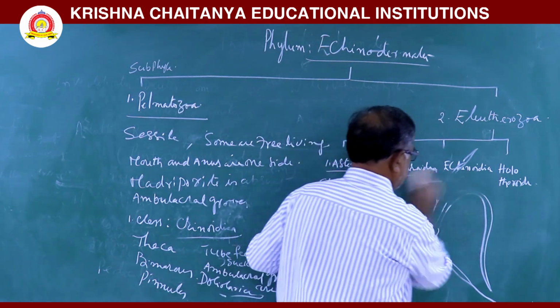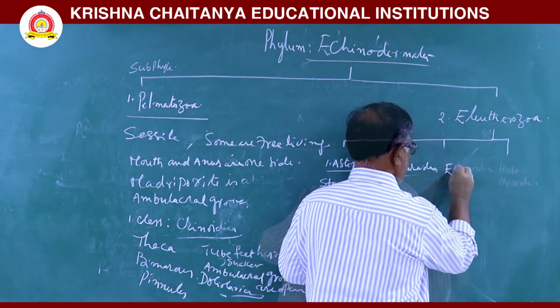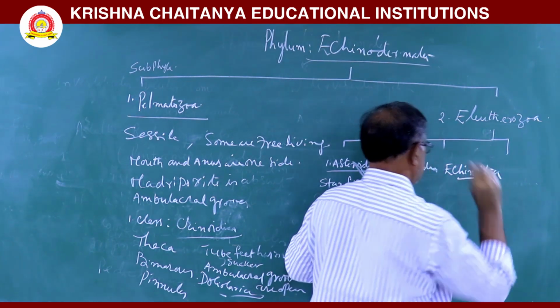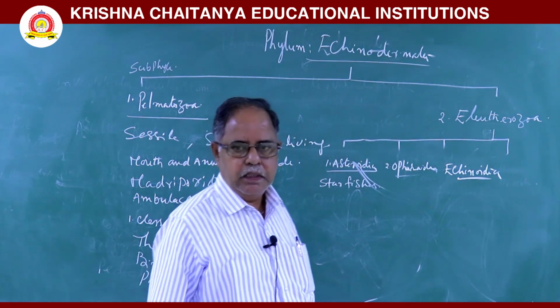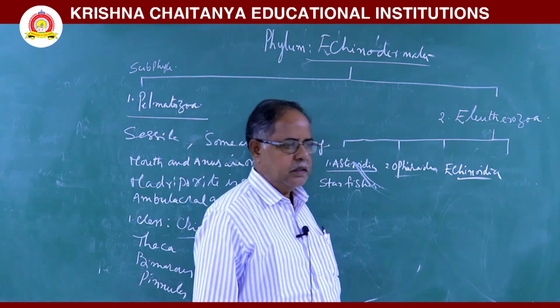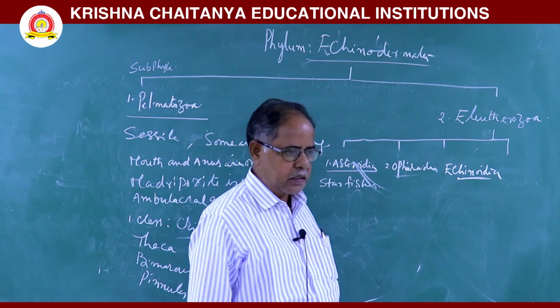Next, Echinoidea. The animals included under class Echinoidea are generally called sea urchins.